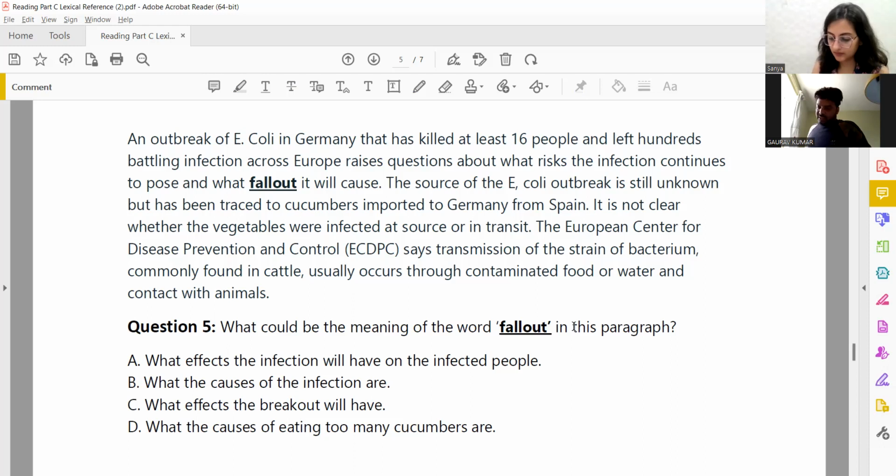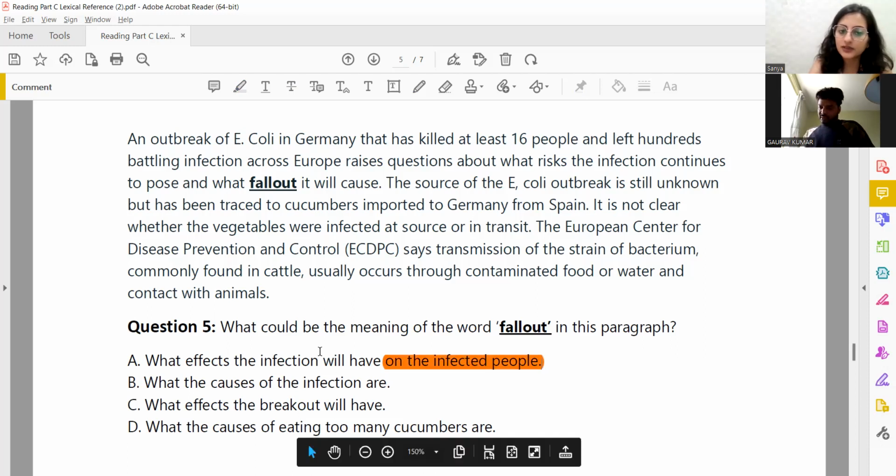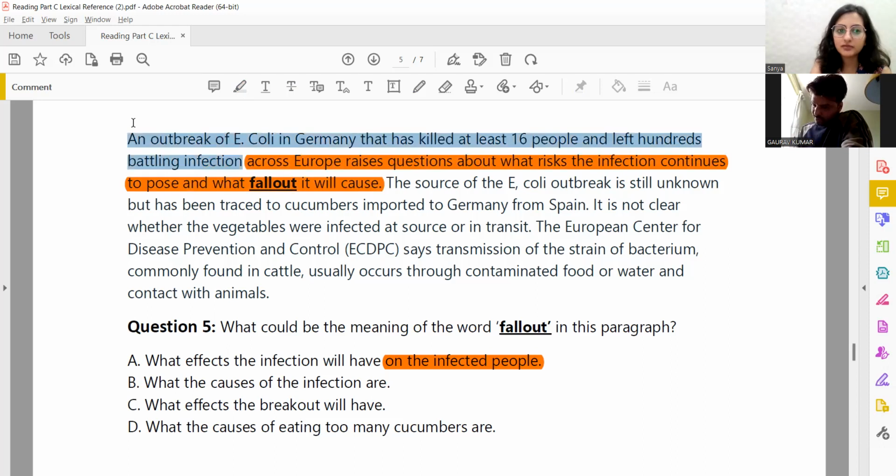You can say, what effects will the outbreak have? What effects the fallout? The extra part is the effect. Now see, will the effects only be on the infected people? Is it only infected people? Battling infection across Europe raises the question about what risk the infection continues to pose.